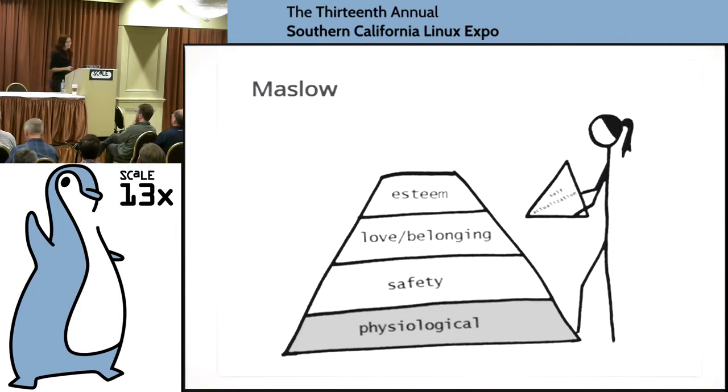One example of this is the story of the LulzSec thing a couple years back. There was a hacker who went by Sabu, and he was acting in the interests of his group of hackers for a while and acting against the government and all that, fulfilling kind of belonging and esteem needs by doing things that he, I would assume, thought were morally right based on his personal worldview.